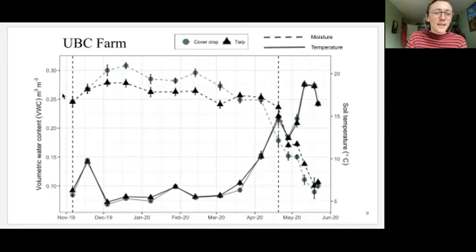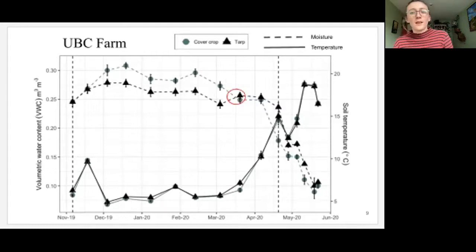So we can see that when we started, volumetric water content, soil moisture was essentially the same. And then over a couple of weeks, and then throughout the winter, the tarped plots did remain drier. However, in early spring, we have our lines crossing, and so the cover cropped areas became drier and stayed drier until we pulled those tarps off.